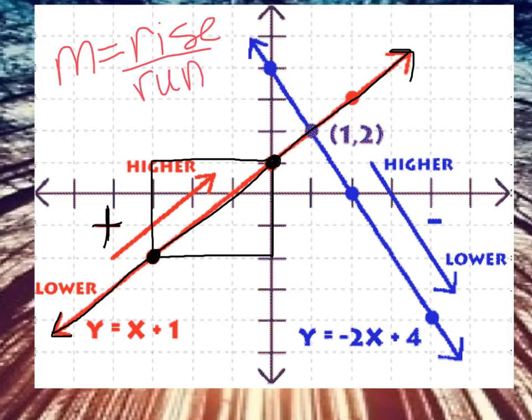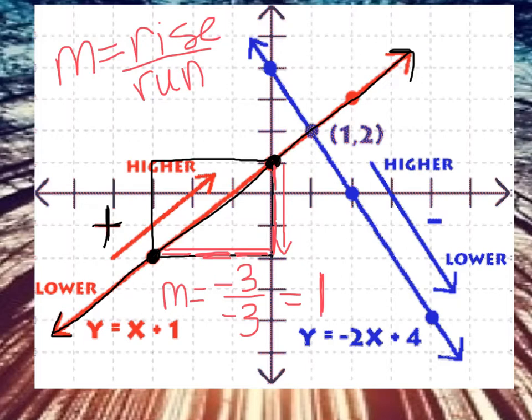So if I was to look at these 2 dots, if I was to rise down 3, that's 1 unit, 2 units, and 3 units, then my rise will be -3. And then I'm going to run to the left, and I'm going to be running 1, 2, 3, which is also -3. And -3 divided by -3 equals +1.